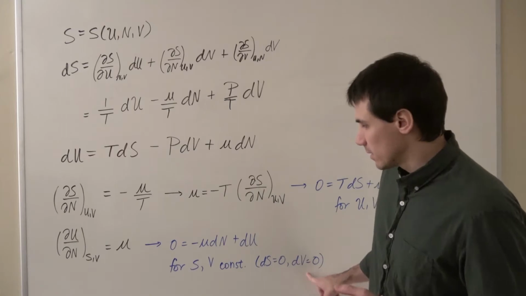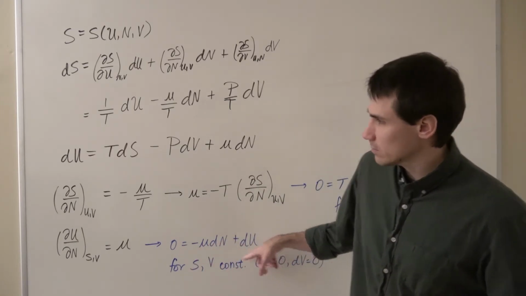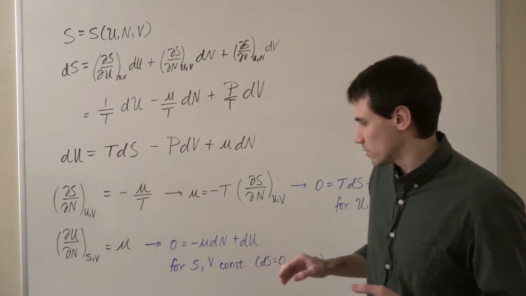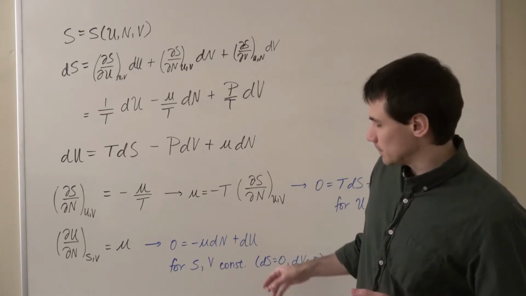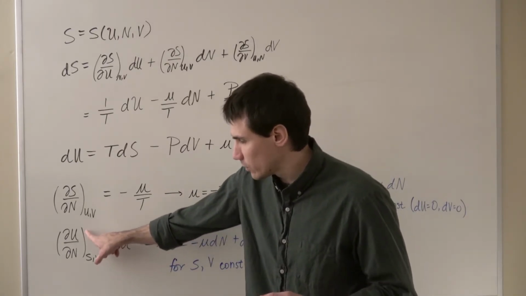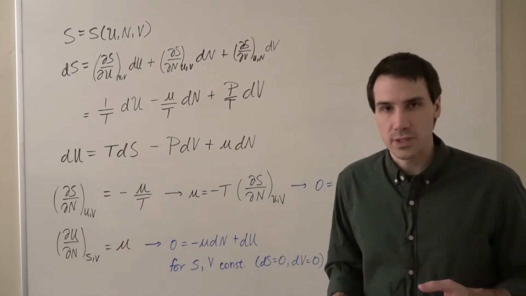In this case, we get negative mu dN plus dU, so we've just solved this equation with these two equal to 0, and we end up with the equation for mu as mu equals the partial derivative of U with respect to N, with S and V held constant.